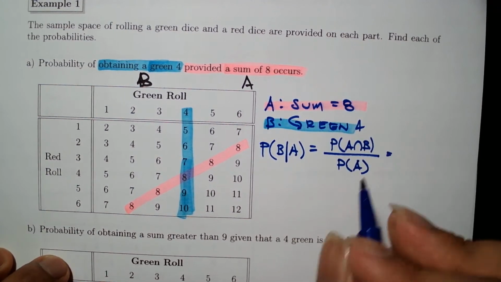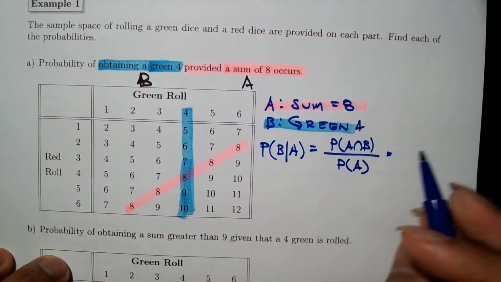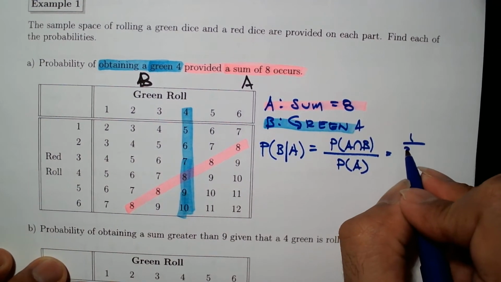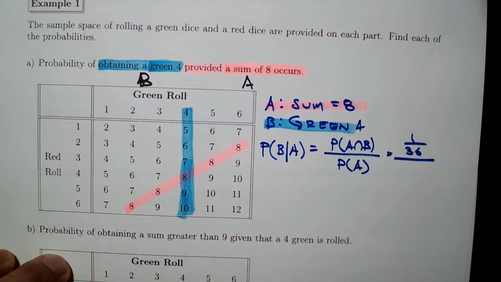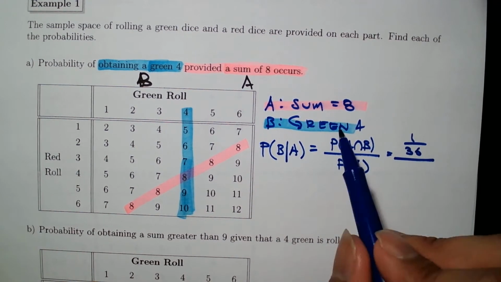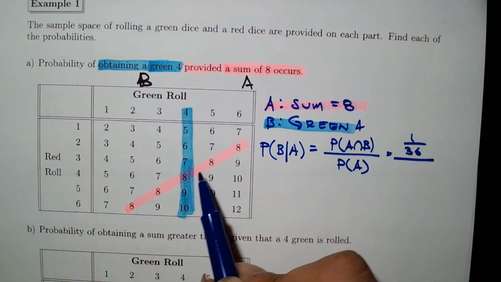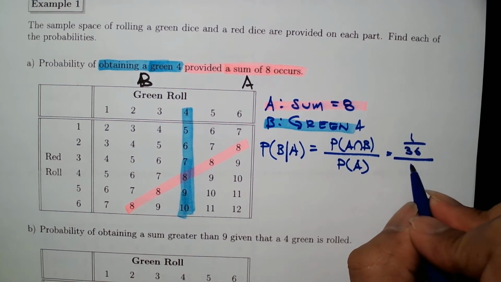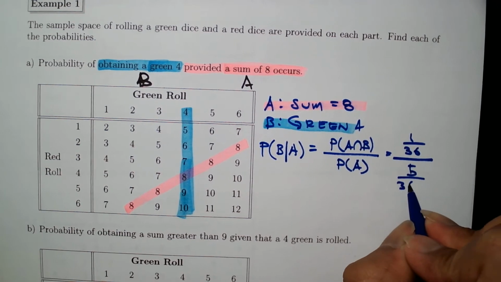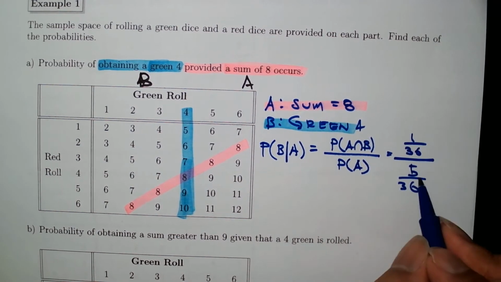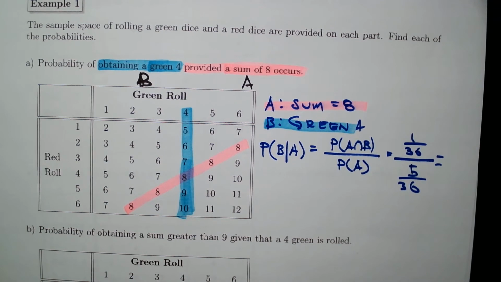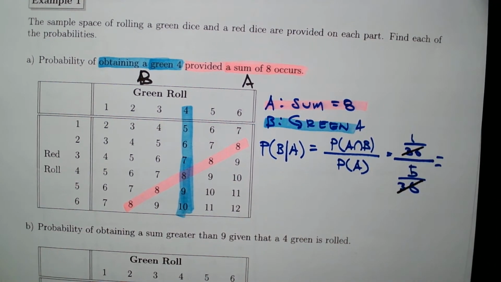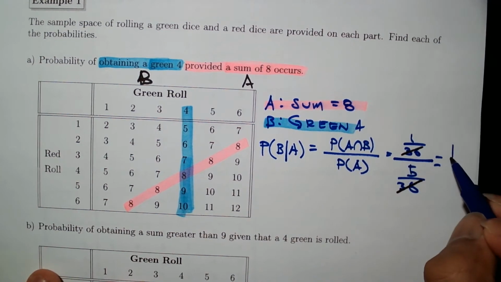How many overlaps do you see? There's only one. So it's 1 out of the total possible outcomes, which is 36. Then I'm going to divide that by the number of 8s that we have in this case, 5 out of 36. If we simplify this fraction, notice how the 36s go away, so I'm going to have only 1/5.